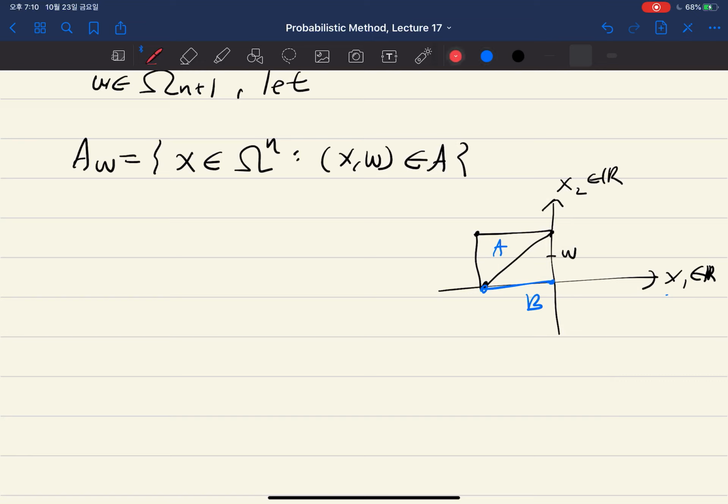If you have W, then you take this and then you project it to here, then that's A sub W.